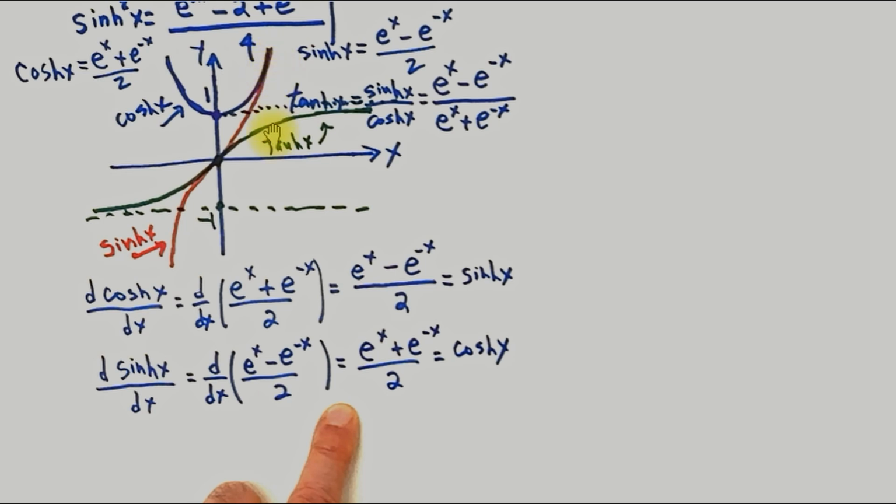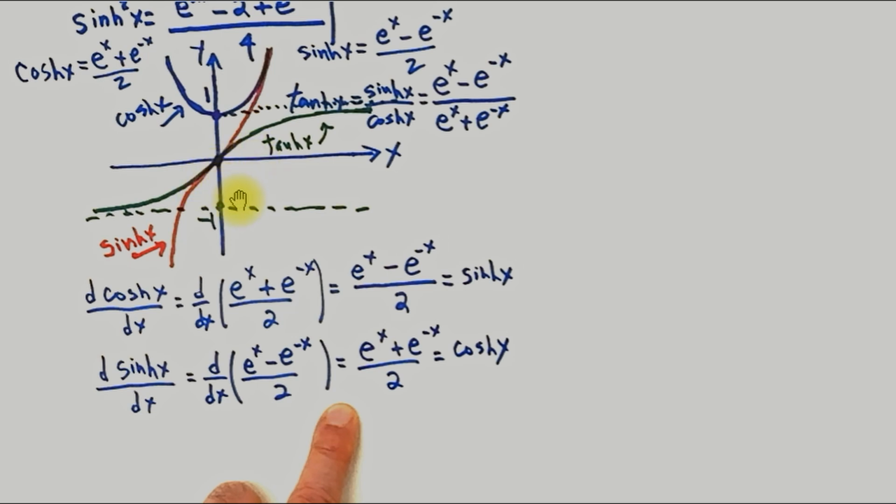Now, if you look at the derivative of the sinh, well, here, it looks like it's kind of 1. So let's put in 0 for the x, and you have e to 0 plus e to 0. That's 2 over 2 is 1. And that's what it's saying here. The cosh of 0 is 1. And that corresponds to the slope of the sinh at x equals 0.